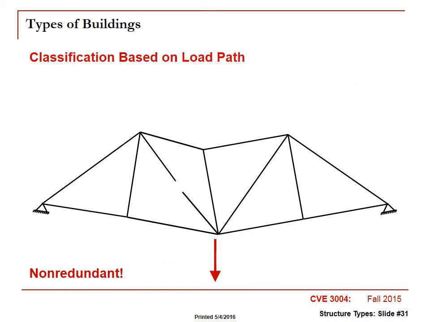If something would occur, like a member would break, what would happen? Well, if a member would break like that, would the load be able to be transferred anyplace else? In this case, the answer is no, and because it's not able to flow anywhere else, we'd say this is a non-redundant load path.